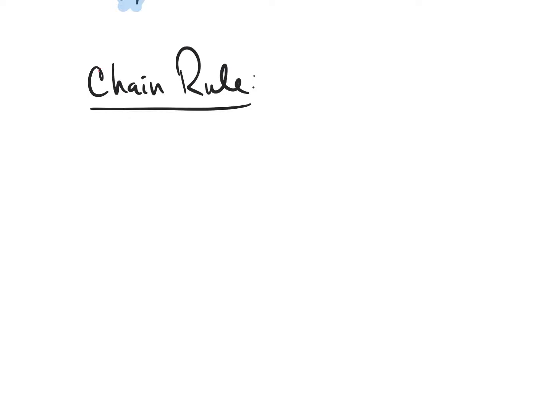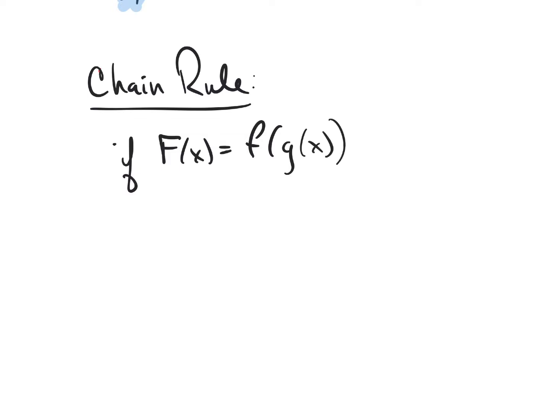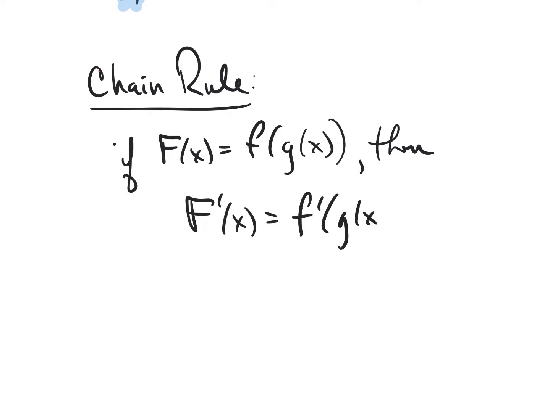All right, and the rule just simply looks like this. If capital F of x equals little f of little g of x, so we have our composite function, then the derivative of capital F is going to be the derivative of little f, leaving g alone, multiplied by the derivative of g of x.